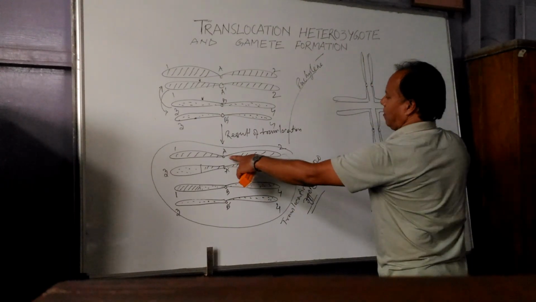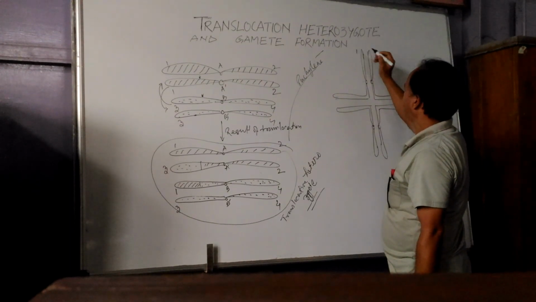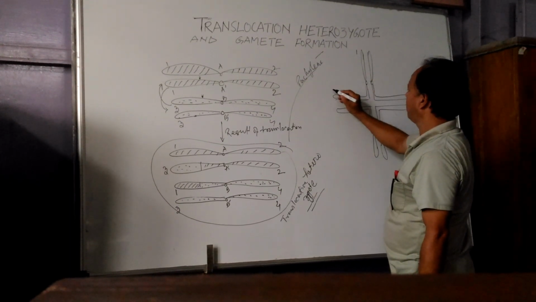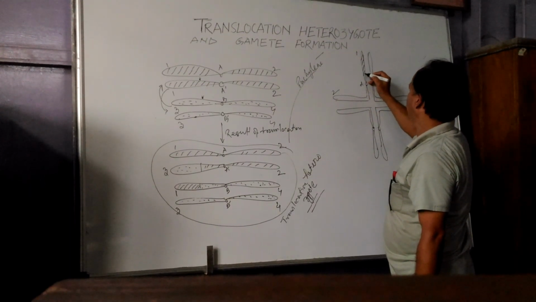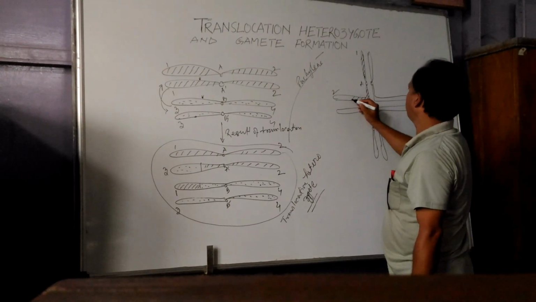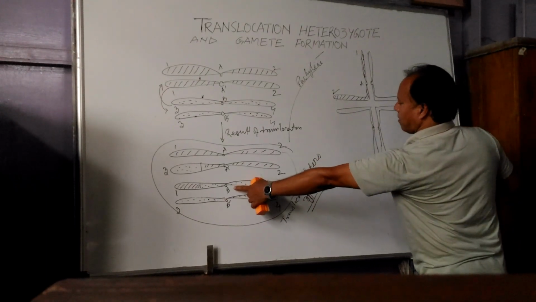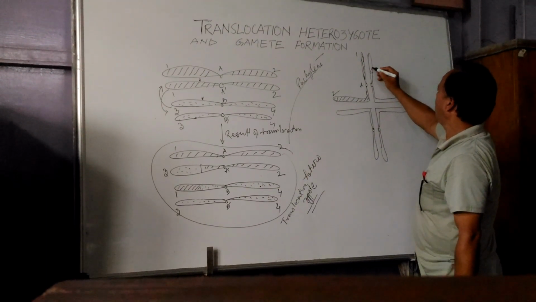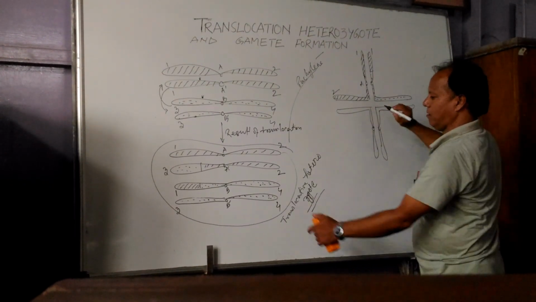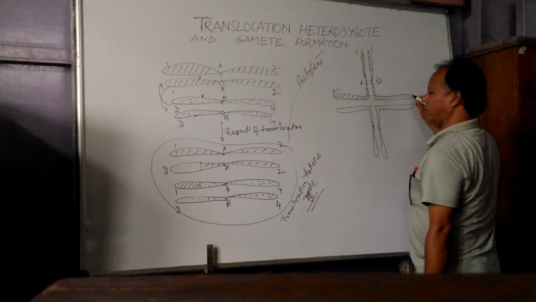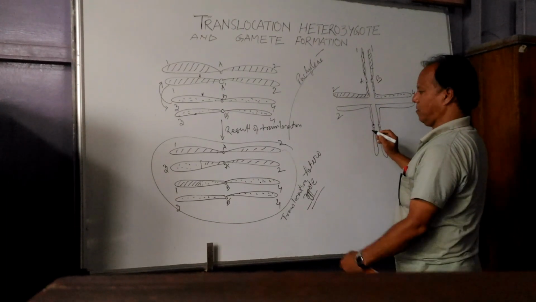This one is the first chromosome having centromere A and genes 1 and 2. It will pair with the third chromosome on one side having gene 1. This is the third chromosome, B centromere, genes 1 and 4.